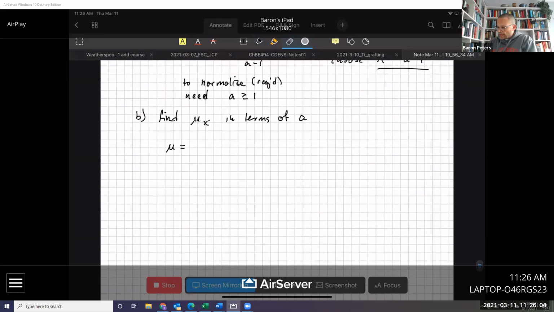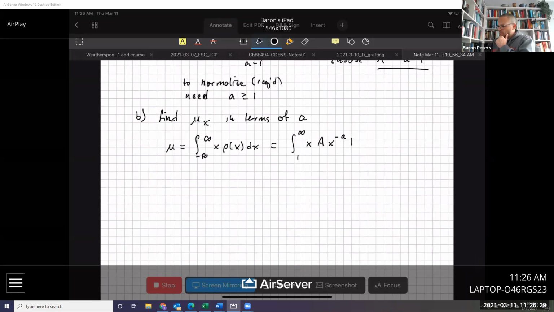And we can compute that by integrating from 1 up to infinity of x, rho of x, dx. When I write it like this, I can go ahead and put the whole thing in.